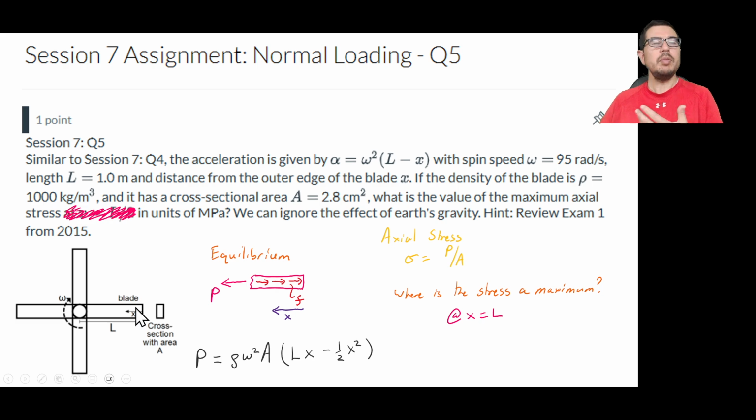What would have happened if we had said we want x to be 0 at the middle? Well, then we would have had this maximum force acting at the middle as an external force. We would have had another internal force, P, still there, and we would have had this distributed force acting on the blade as well.